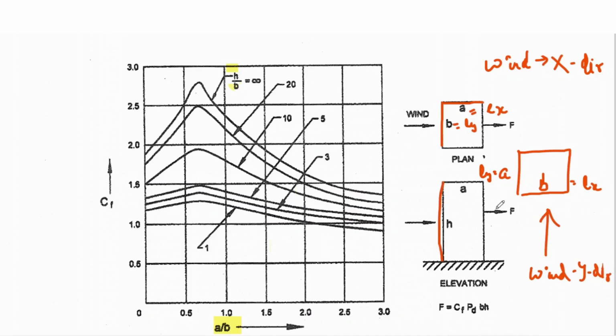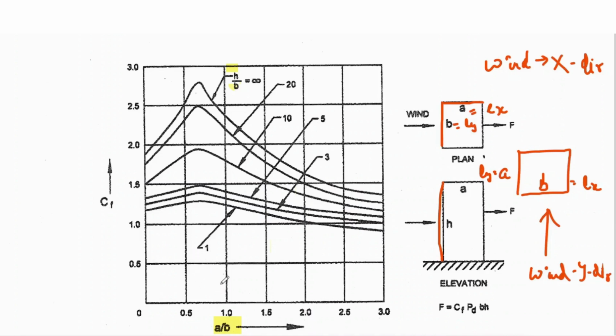So this is how we find the values A and B. And H is the height of the structure. So this is how we find the values of A, B, and H. Using these three values, we calculate the value of Cf using these two figures.